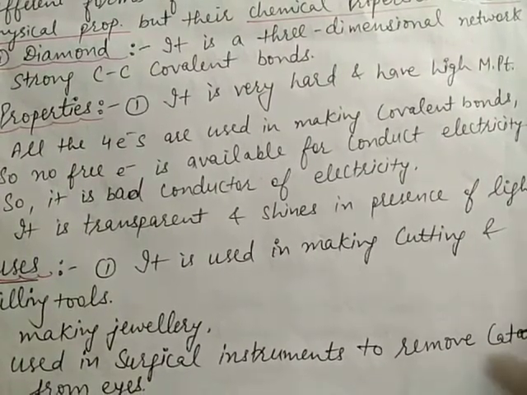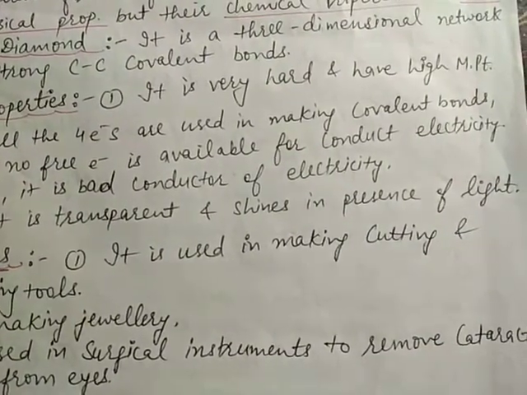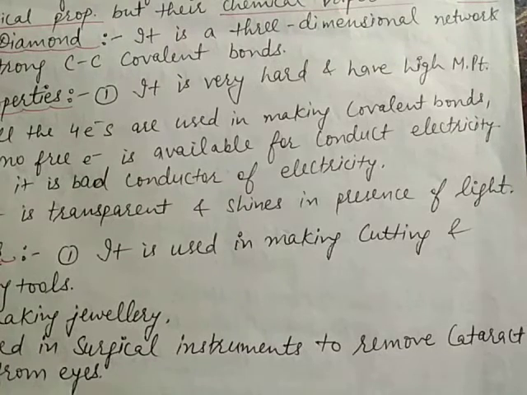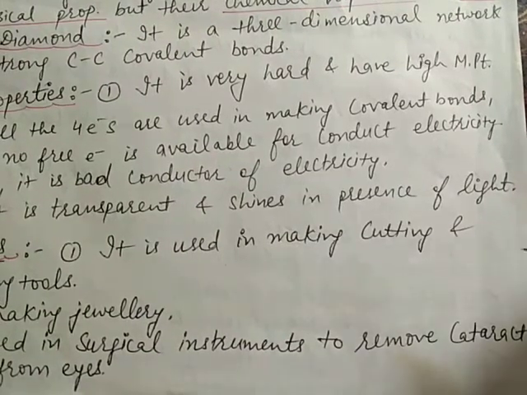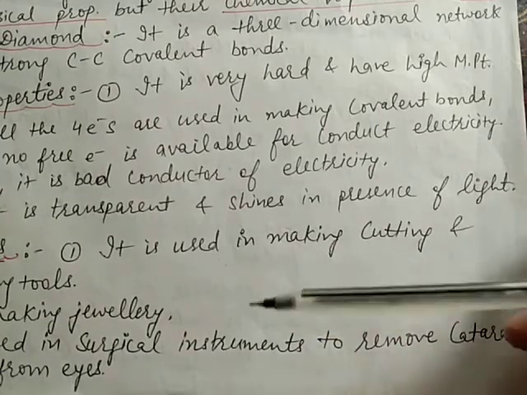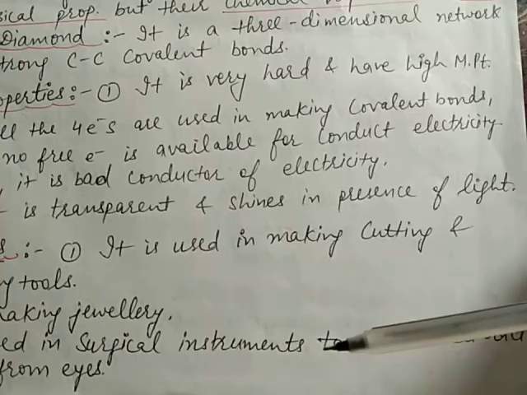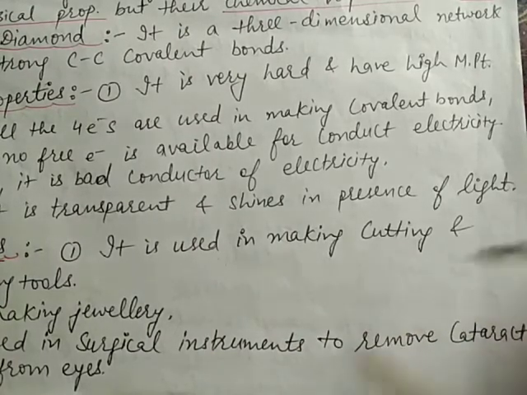Cataract is a disease of the eye, and diamond is used in surgical instruments like knives, etc.